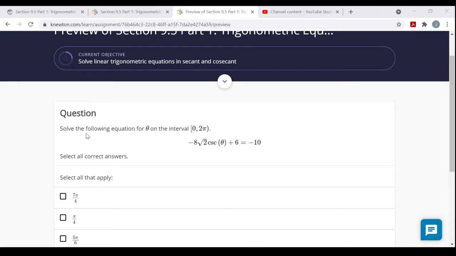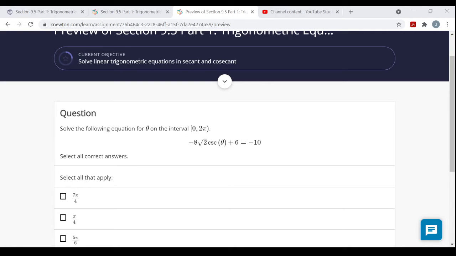So we're asked to solve the following equation for theta in this interval. You're finding all the values I can replace theta with to make this equation true. Now if it has one solution, it's going to have infinitely many, but they don't want all infinitely many solutions. They just want the ones that are between 0 and 2 pi.